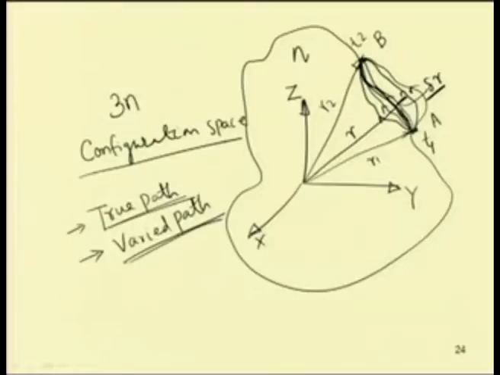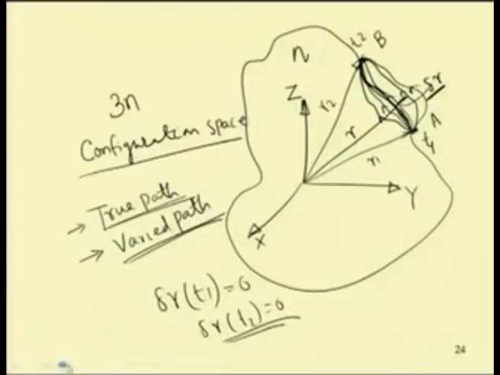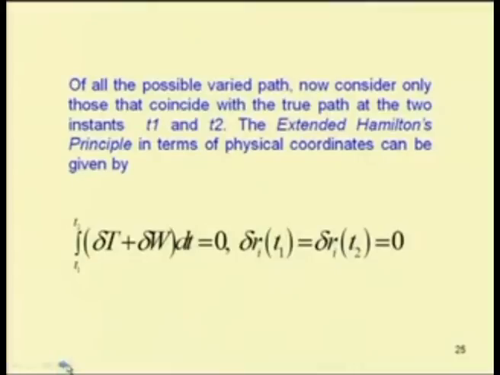So, we are considering delta r at t1 equal to 0 and delta r at t2 also equal to 0. By considering this, we can find the extended Hamilton principle in this way.